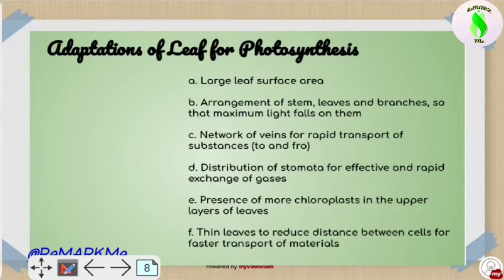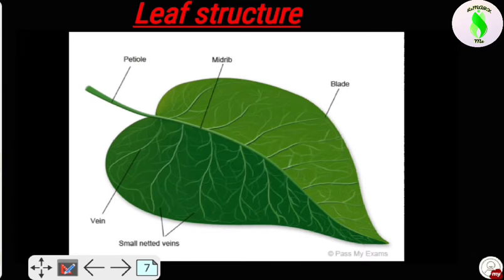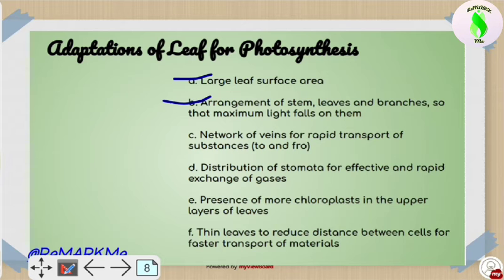Now the second point is the arrangement of stem, leaves and branches, so that maximum light falls on them. In every plant on the earth, plants absorb light.